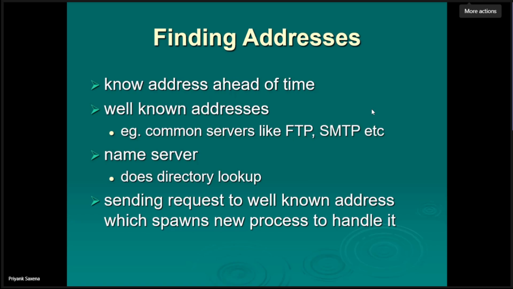So these are the different ways of finding out the port number. I will tell you how many port numbers are possible, around 2 to the power 32, and how they are defined in different categories. Okay, I'll come to that later.